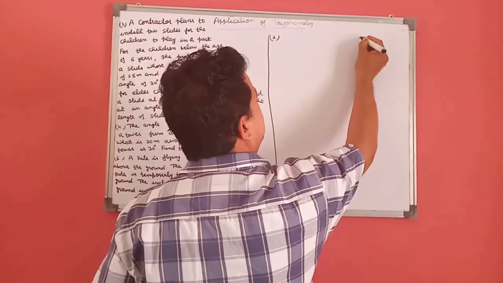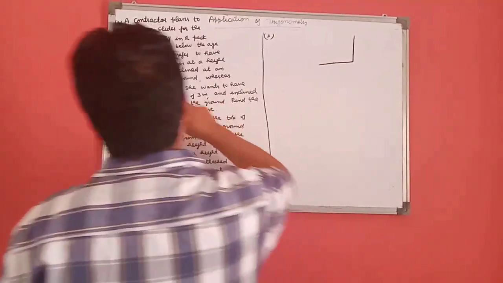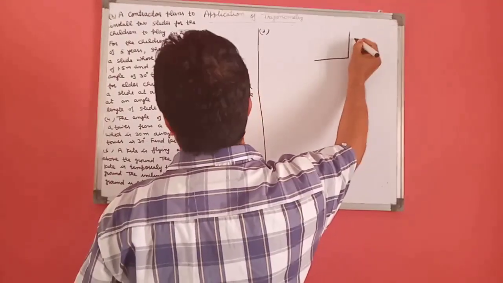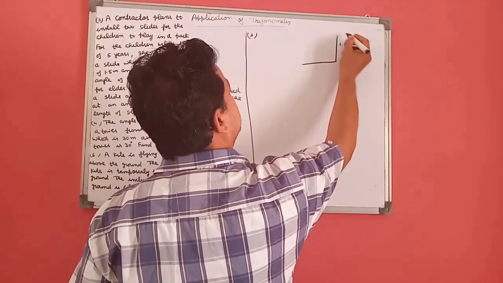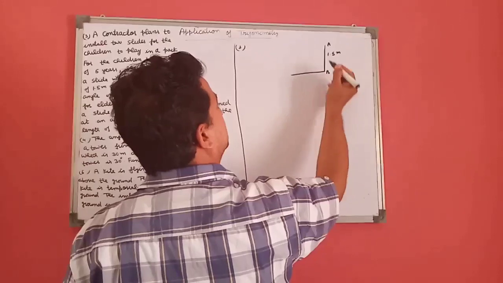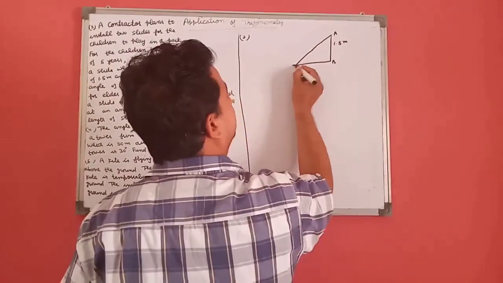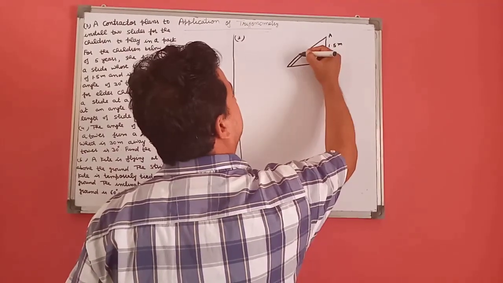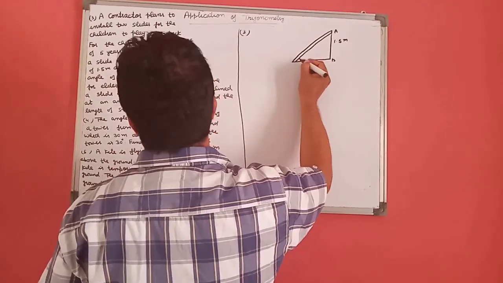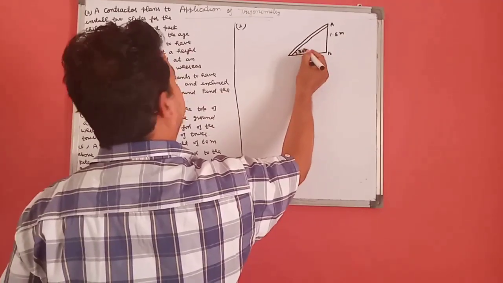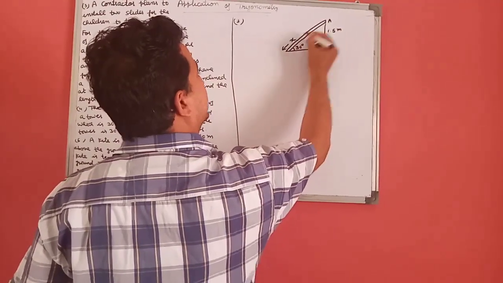In the first case, she prefers to install a slide for the children below 5 years. This is the height of the slide, 1.5, and this is the slide. The angle of elevation is 30 degree and we need to find this x.